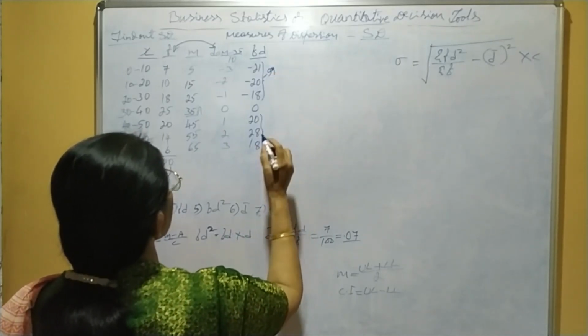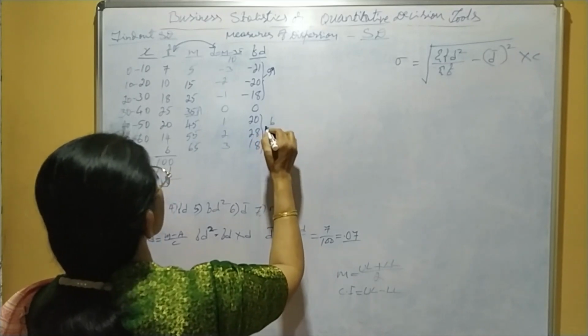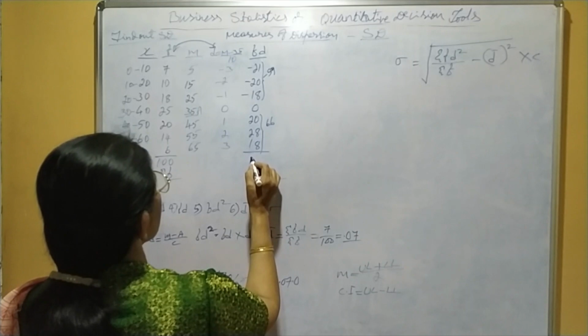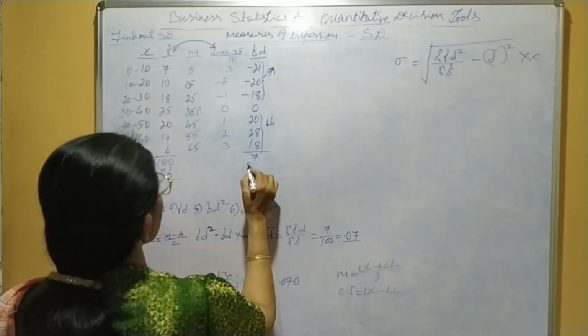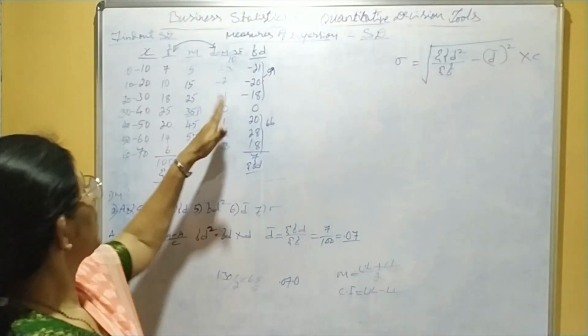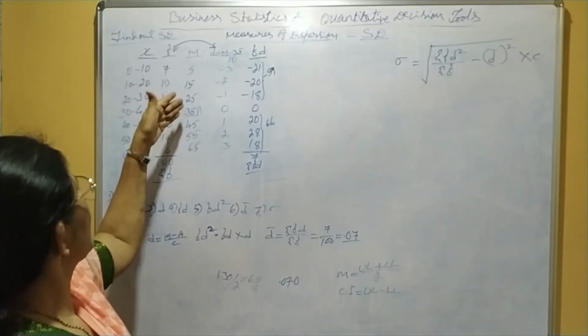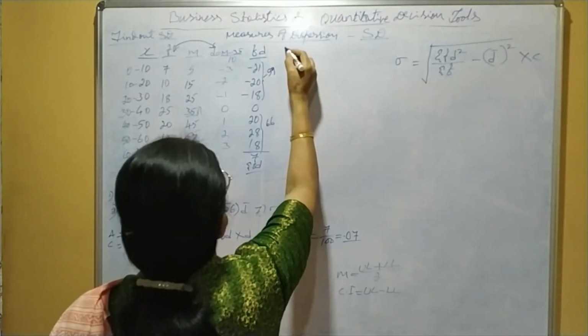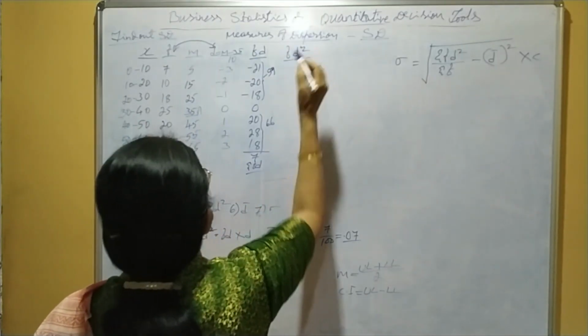Then this one is 66, and here also the difference is 7, that is sigma FD. Here the values are the same, the change is only in taking the assumed mean from the mid values, otherwise the same. Next, FD square.